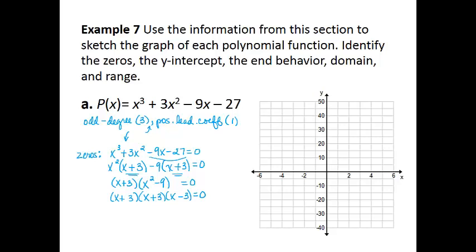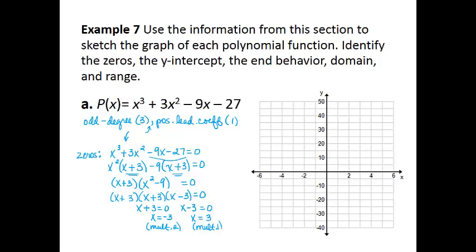So notice that we have a factor x plus 3 that repeats twice. So that zero will have a multiplicity of 2. So we get x plus 3 equals 0, or x minus 3 equals 0. One of our zeros is 3. The other is negative 3. So negative 3 has a multiplicity of 2. 3 has a multiplicity of 1.